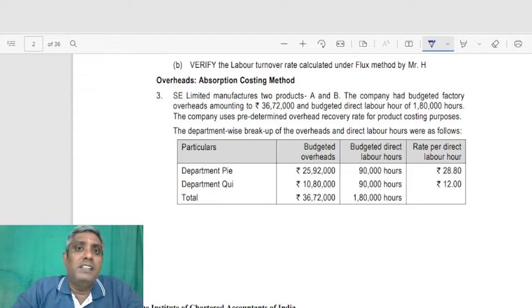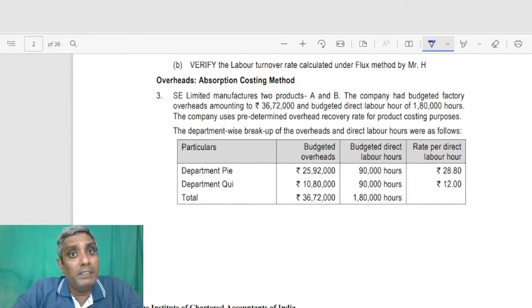Is it not? Say, indirect wages apportioned on the basis of direct wages. You have to keep it in mind. And the secondary distribution, that is, service department expenses are reapportioned to production departments, either by using the direct method, or the stepladder method, or the reciprocal method.